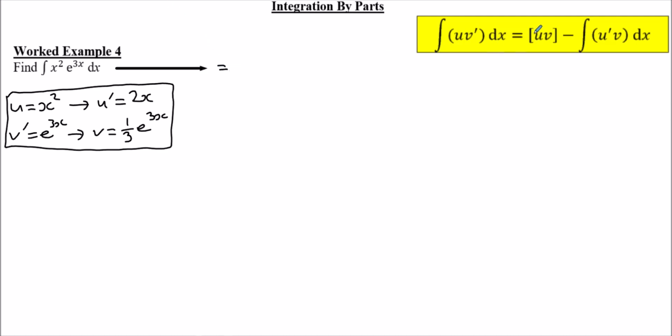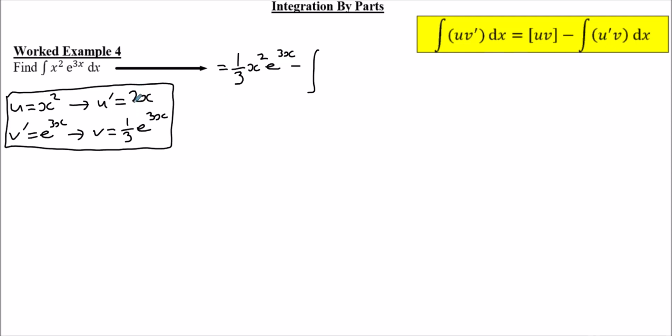So this is going to become the integral of, just u multiplied by v. That's going to be 1/3 x squared e to the 3x. We're going to subtract away the integral of u dashed v with respect to x.